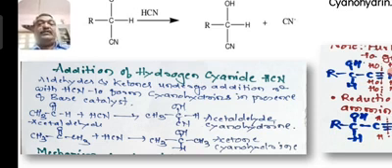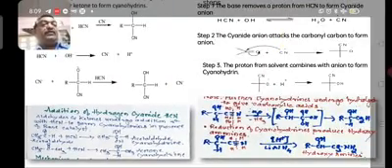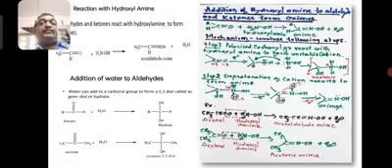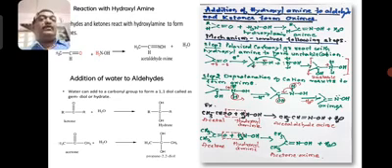Similarly, if you take acetone, it is going to form CH3C(CN)OH CH3. That is not OH, it is a CN. So acetone cyanohydrin is going to form. This is the mechanism pertaining to this addition of HCN.